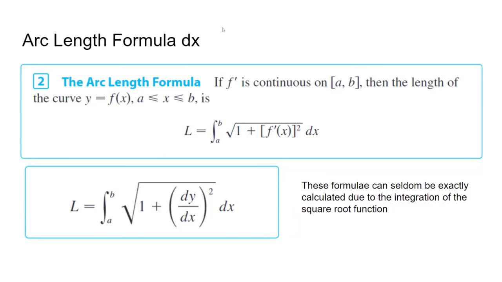We can hardly ever find the exact answer to these integrals because of the square root. We would have to integrate this nasty square root of 1 plus something squared, and it's a very hard thing to do.